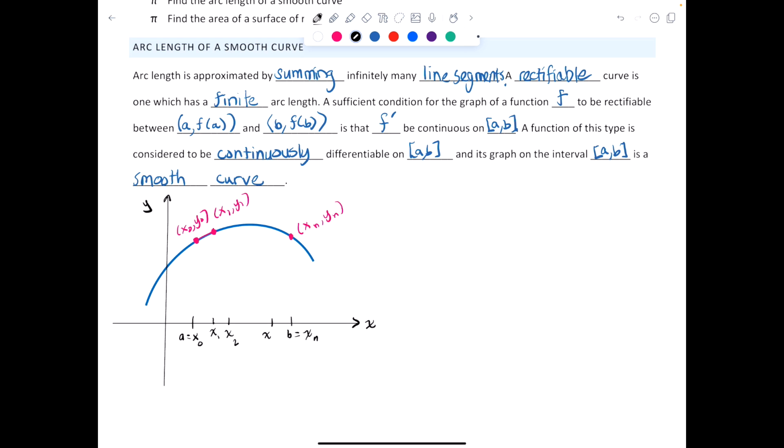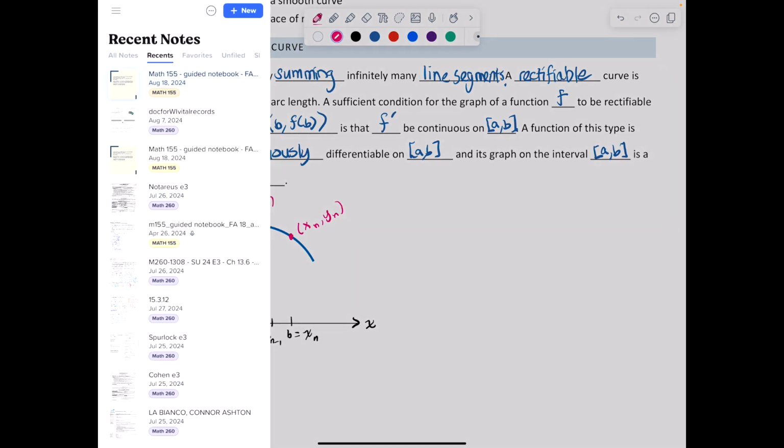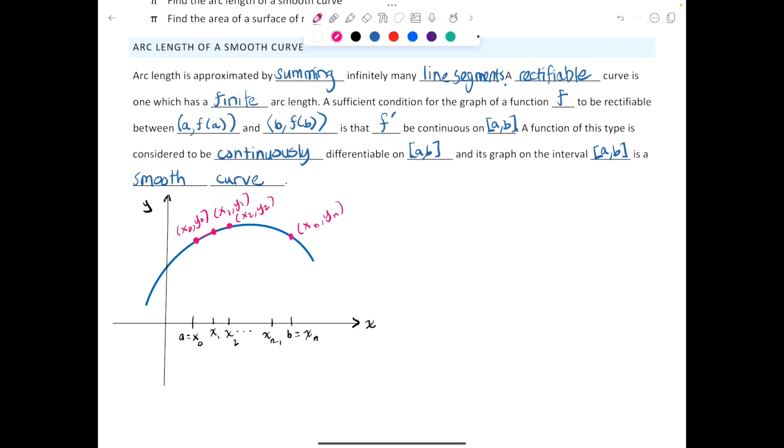Call this one x(n-1), and these ordered pairs would keep going all the way until you got to the end of your arc, or the portion of your arc that's of interest.